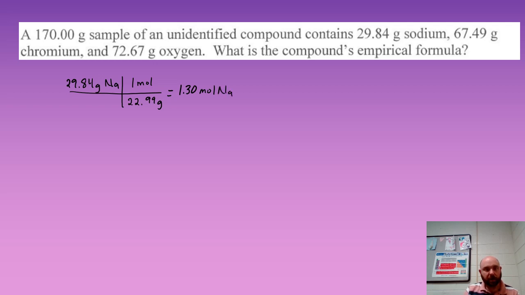Then I will figure out how many moles of chromium I have. So we have 67.49 grams of chromium. And I'll set up a conversion. Look at the periodic table and see that 1 mole of chromium is 51.996 grams.